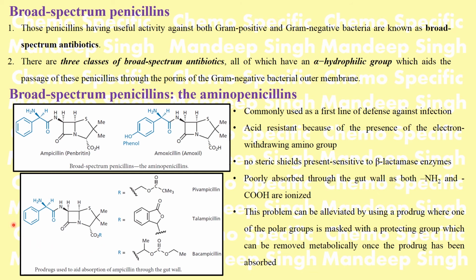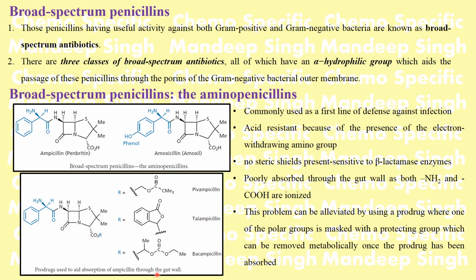So this is how you can take care of the gut wall absorption problem, by taking advantage of the prodrug and by reducing the polarity of one of the polar groups. One polar group we have is an amine, the other is the acid. Rather than protecting the amine, it is better to protect the acid, because the amine is what is making the entire drug an acid resistant penicillin.